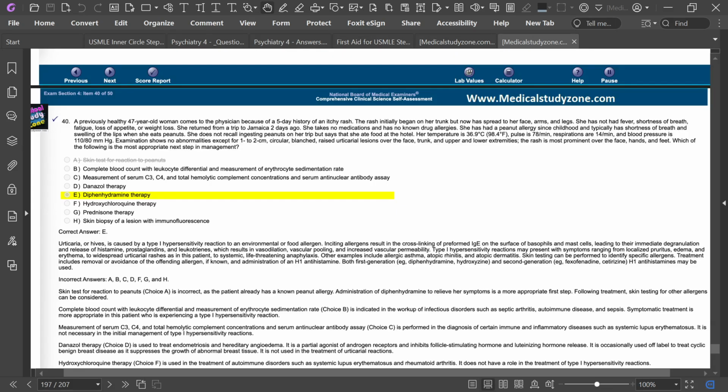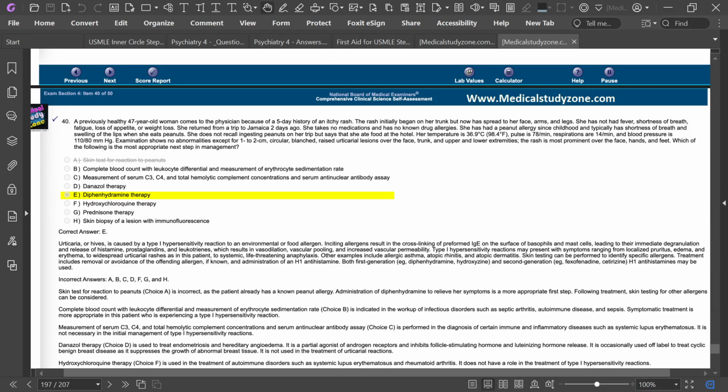Inciting allergens result in the cross-linking of preformed IgE on the surface of basophils and mast cells, leading to their immediate degranulation and release of histamine, prostaglandins, and leukotrienes, which results in vasodilation, vascular pooling, and increased vascular permeability.